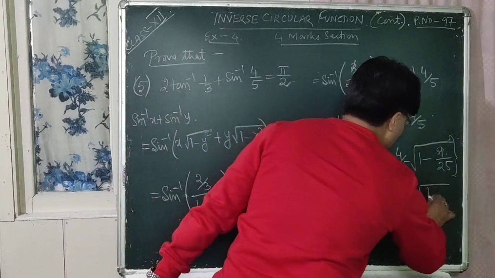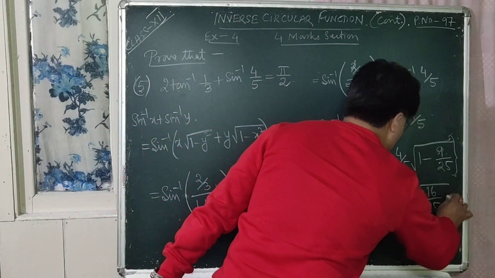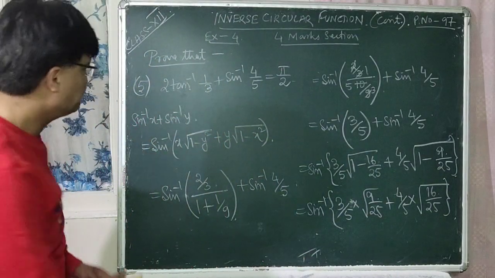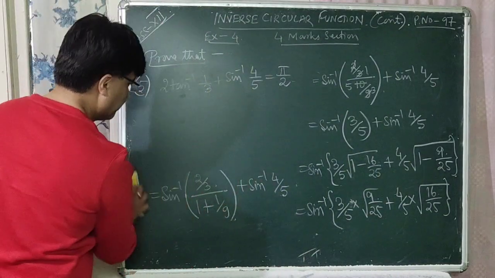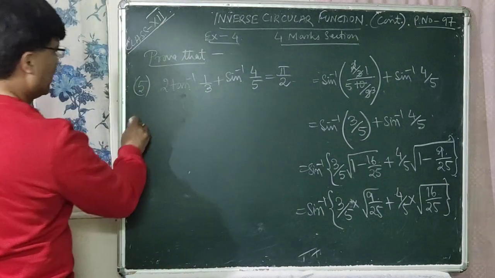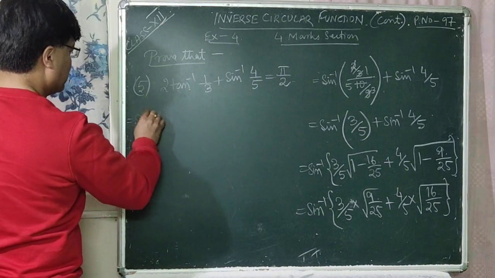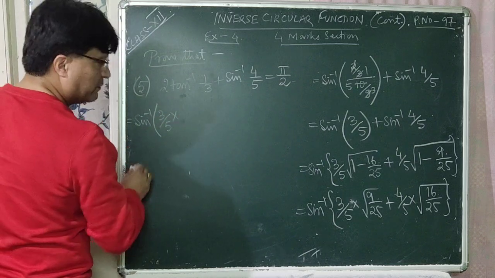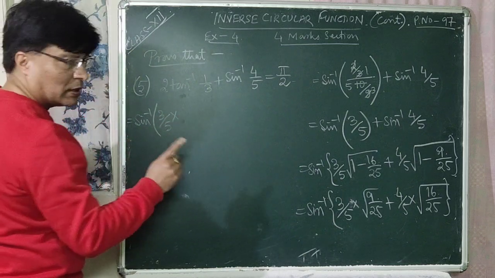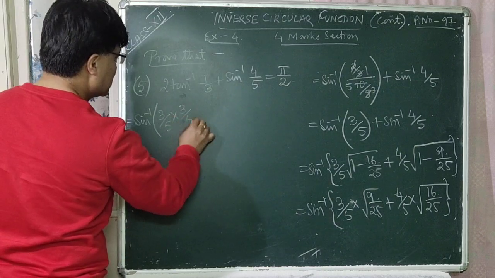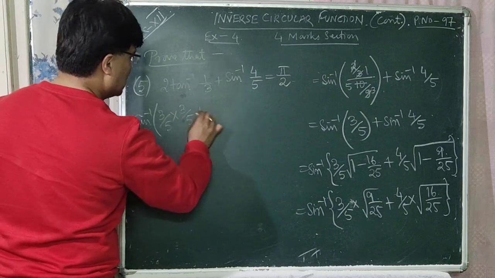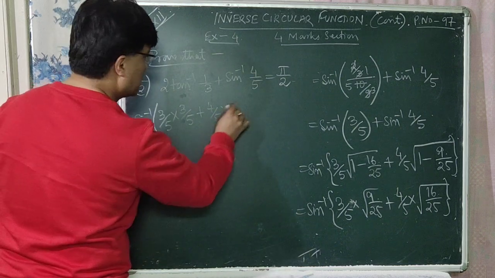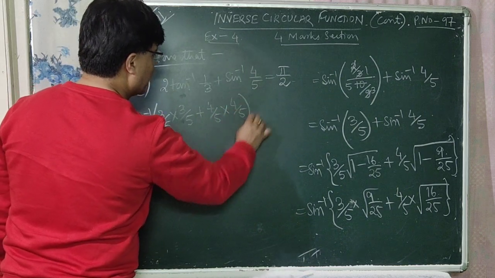What is it? 16/25. Is that clear? So now let us simplify it. Sine inverse within bracket 3/5 into, what is square root 9/25? This is 3/5, right? So plus 4/5 into, what is square root of 16/25? That is also 4/5, right?